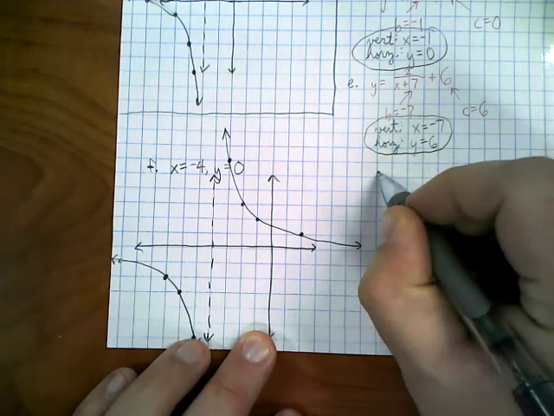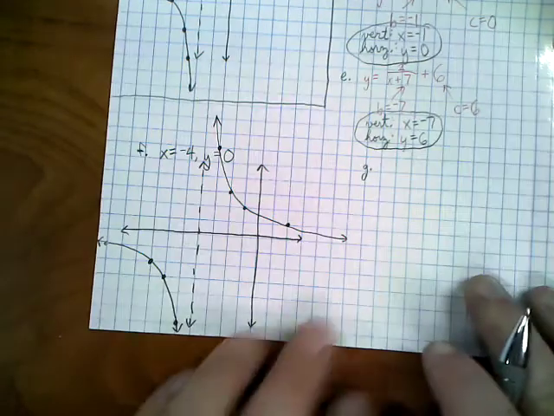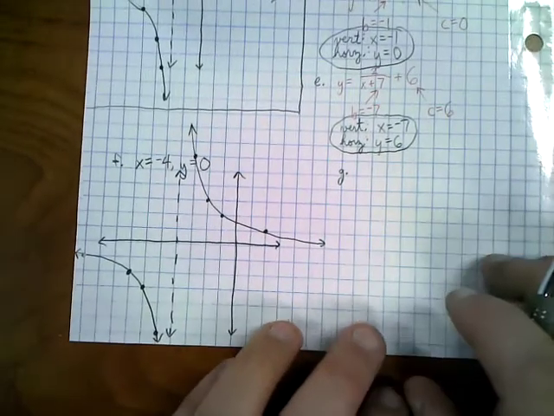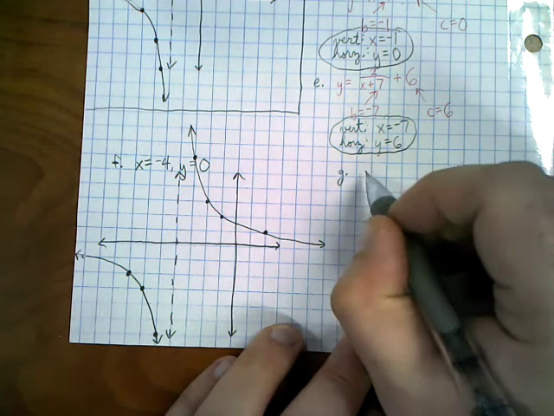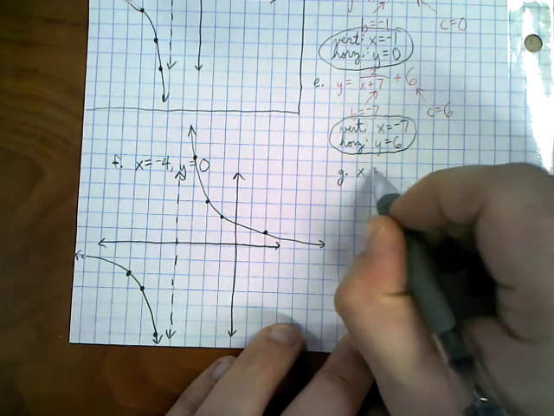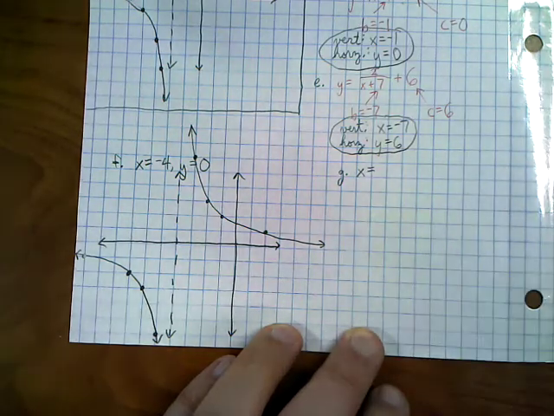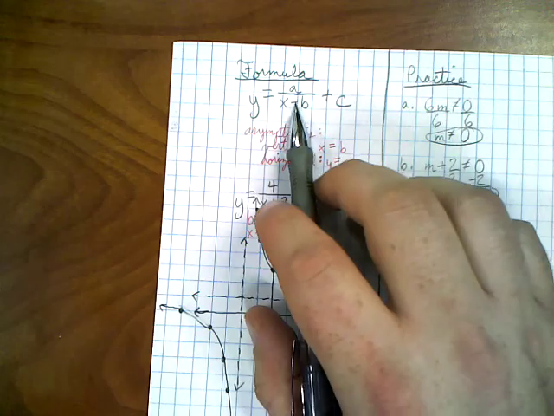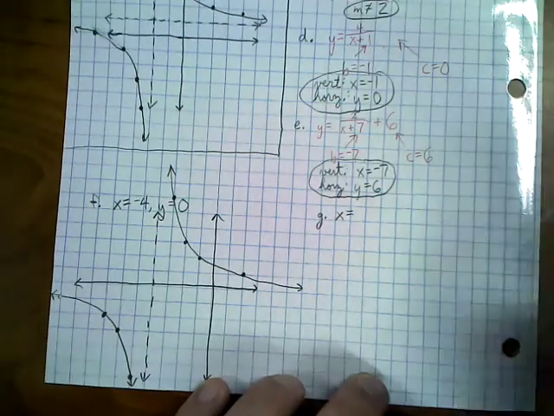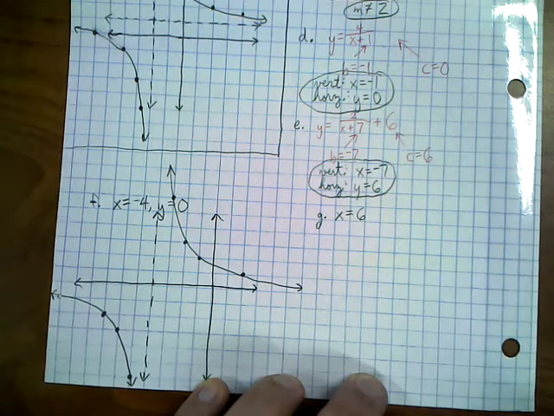All right, let's tackle G, and we'll call it quits after G here. So G says y equals 1 over x minus 6, then minus 5. In this case, my vertical asymptote will be x equals b. So remember, for the denominator, we think of it as x minus b, so it's minus. Well, the denominator there says x minus 6, so what are we subtracting? Well, this time it's a positive 6.